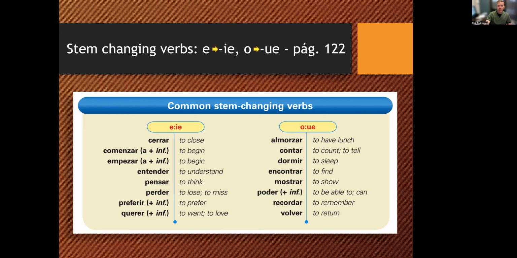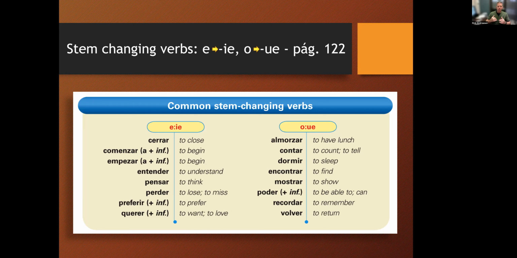Dormir, to sleep. Duermo, duermes, duerme. Encontrar, to find, to encounter something. Yo encuentro, tú encuentras, usted, él, ella encuentra, nosotros encontramos, etc. Mostrar, to show. Muestro, muestras, muestra. Poder, you've seen this one. Poder is often used with an infinitive as well.